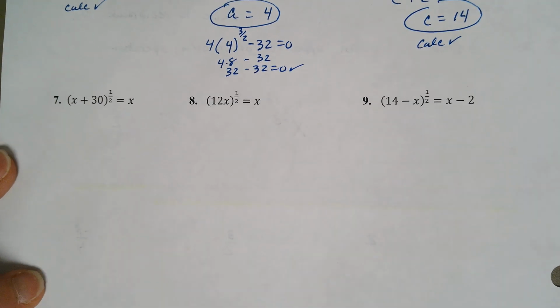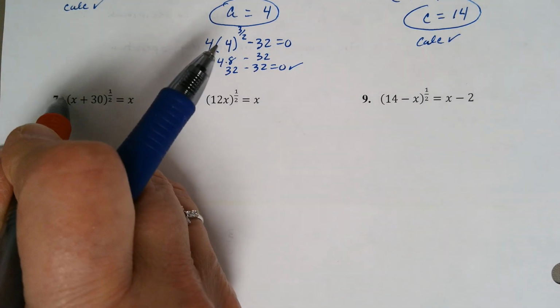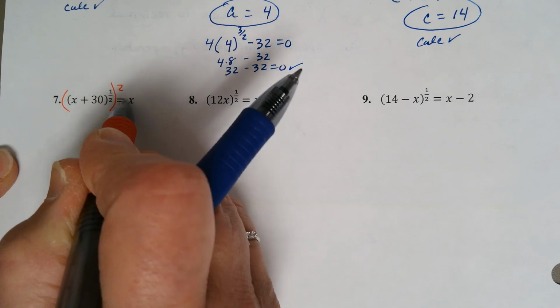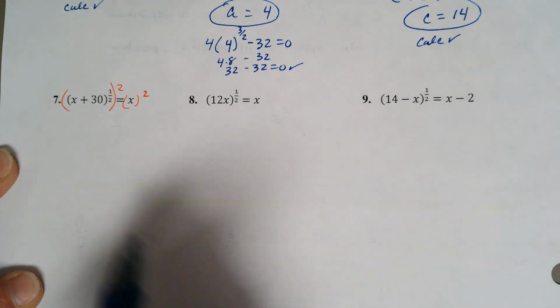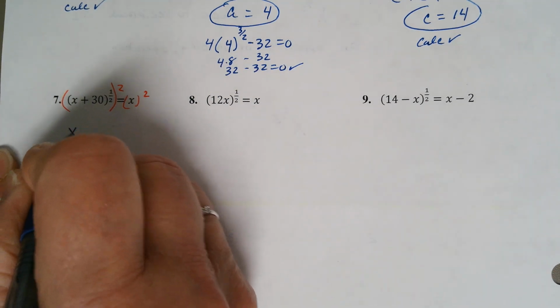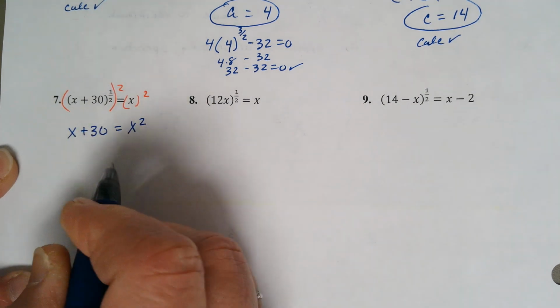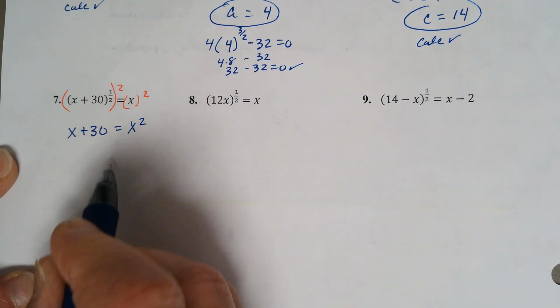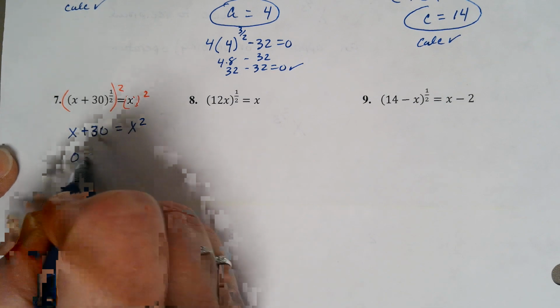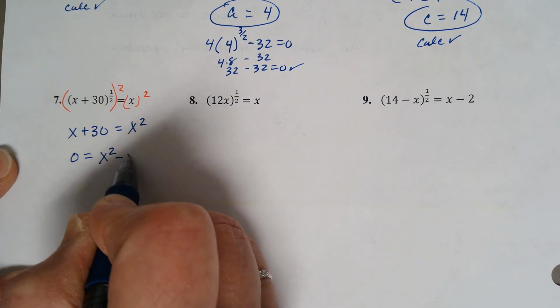Number 7, already isolated the base and exponent, so raise to the power of 2, reciprocal of 1/2. X plus 30 equals x squared. Bring the two things on the left over to the right, so we have it in standard form.